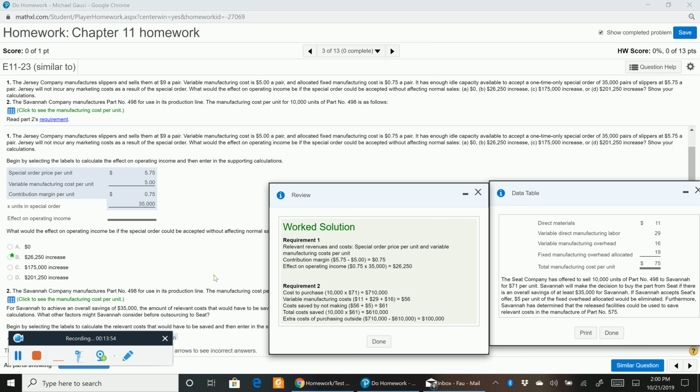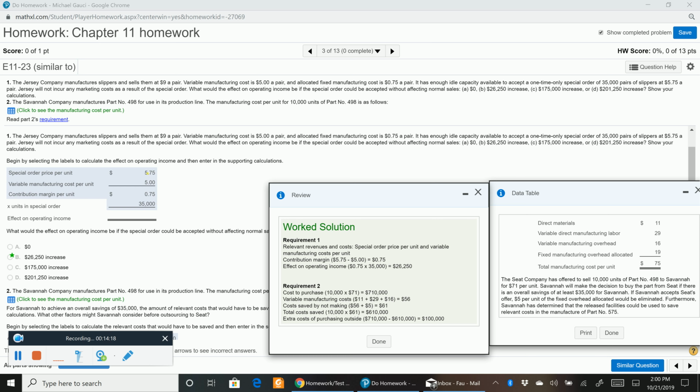Remember the formula. We have our sales less our variable cost gives us contribution margin. Contribution margin minus fixed cost gives you operating income. Well, if fixed cost doesn't change, and they usually don't because they stay the same regardless of activity, whatever happens to contribution margin should also happen to operating income.